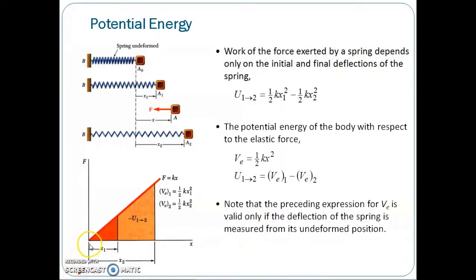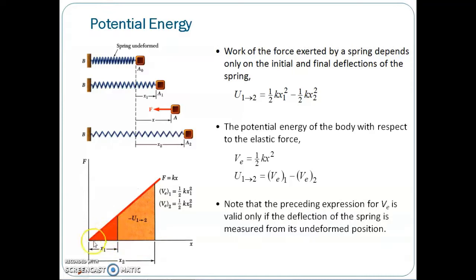from its undeformed position. Here, to find the work of a force, which is the area under the curve F versus x, we are using the initial potential energy, which is these small triangles, right?